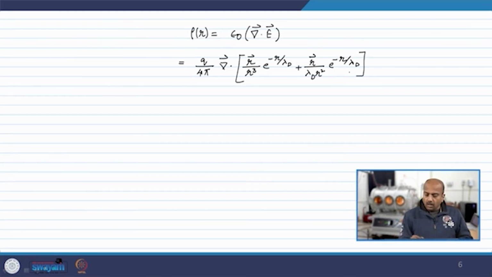Okay. Now, we have to calculate the divergence of all this quantity which appears in the bracket.